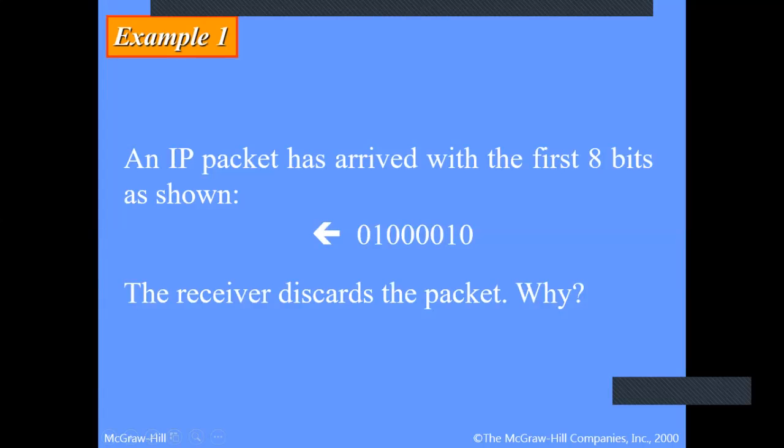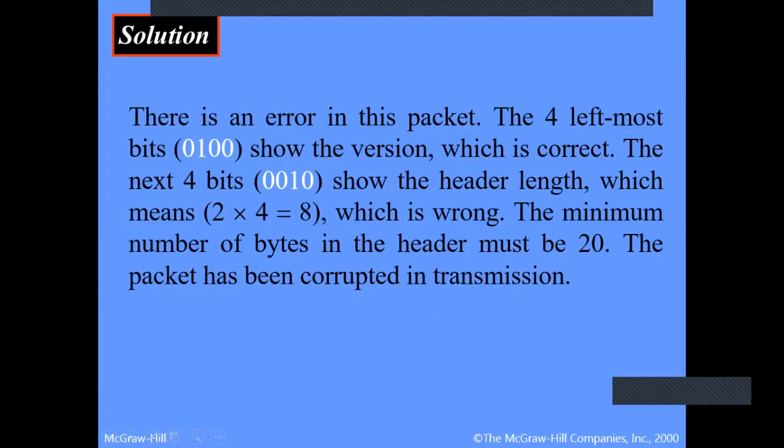The first 4 bits are 0100, the leftmost 4 bits, which define the 4, which is valid in the case of IPv4. The next 4 bits are 0010, which shows the header length.